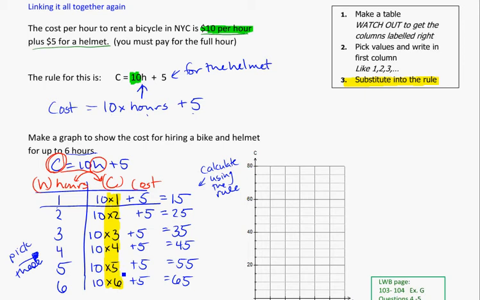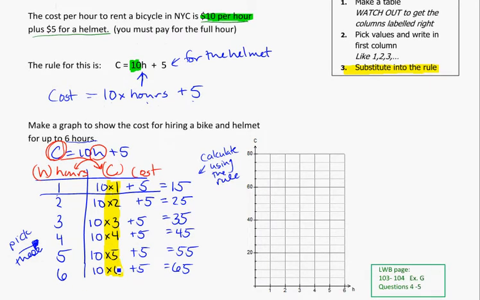Now we've got the table filled out, we need to go ahead and put this onto the graph. So remember that every single point needs to have pairs. So if I want to think about this, I know that I've got my hours and I've got my total costs. So those are the two things that I need to put together somehow on the graph.